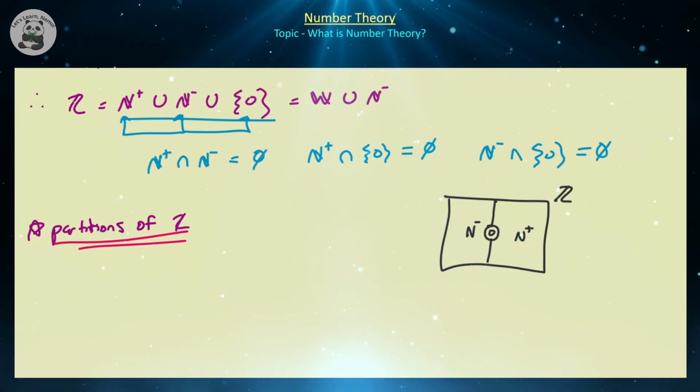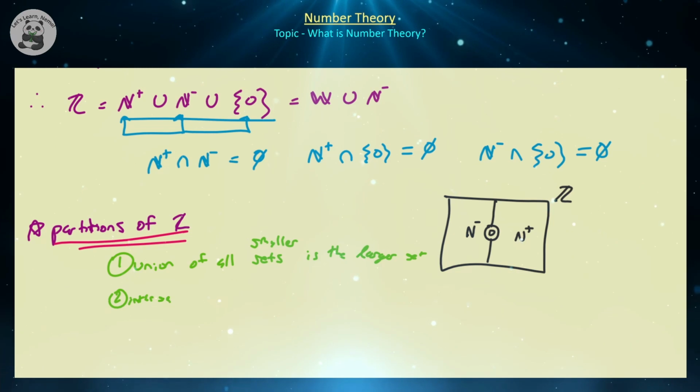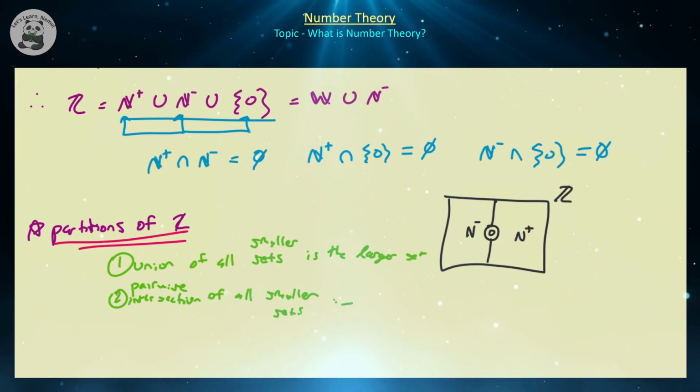When we talk about partitions in general, they have to satisfy two properties: the union of all the smaller sets is the larger set, and the pairwise intersection of all smaller sets is empty, or is the empty set.